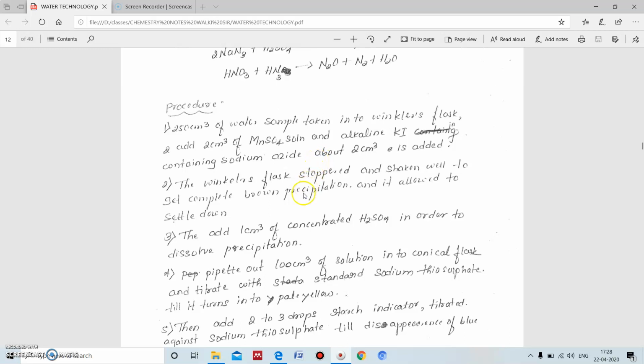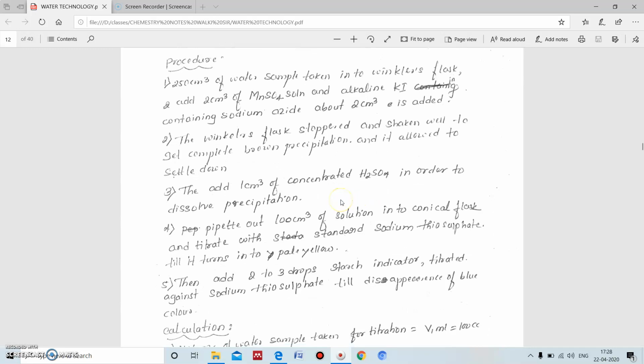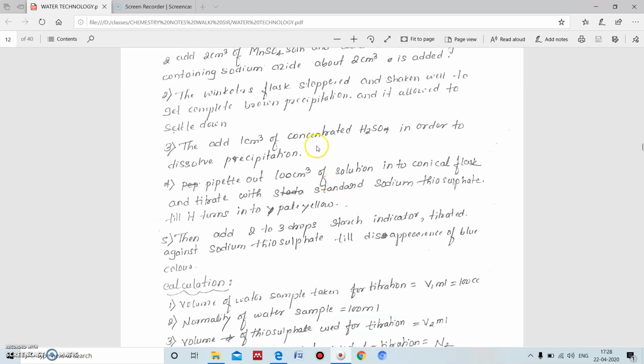Once the manganese hydroxide is formed, it reacts with dissolved oxygen and forms manganic oxide, and that brown precipitate is formed. Then we allow that brown precipitate to settle down. To that brown precipitate, we add 1 cm cube of concentrated H2SO4 in order to dissolve the precipitate.